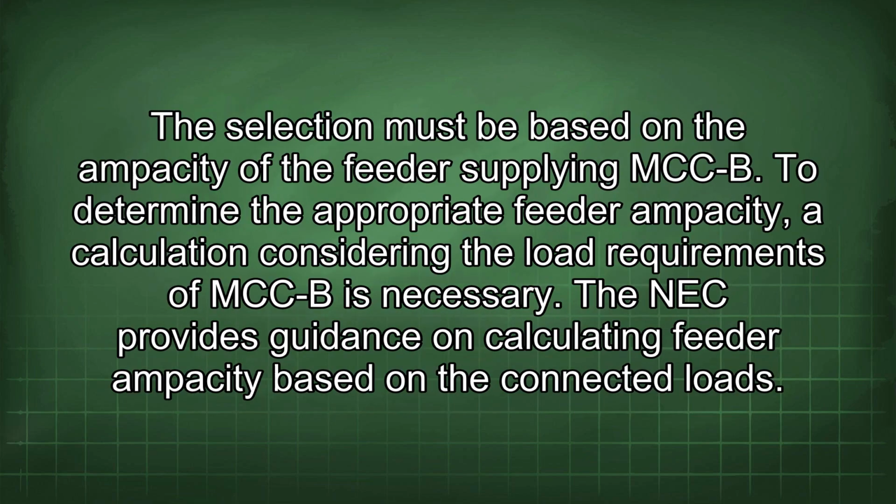The selection must be based on the ampacity of the feeder supplying MCC-B. To determine the appropriate feeder ampacity, a calculation considering the load requirements of MCC-B is necessary. The NEC provides guidance on calculating feeder ampacity based on the connected loads.